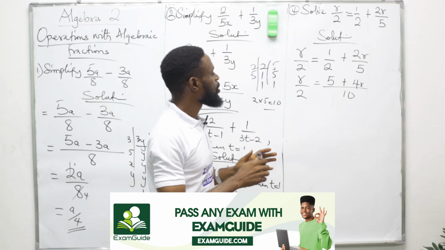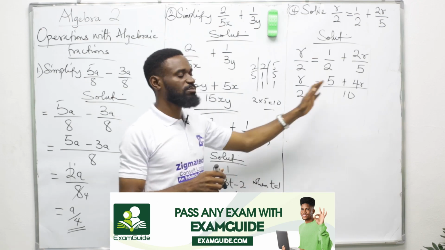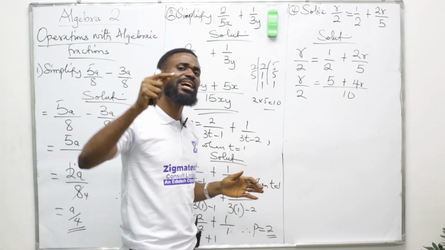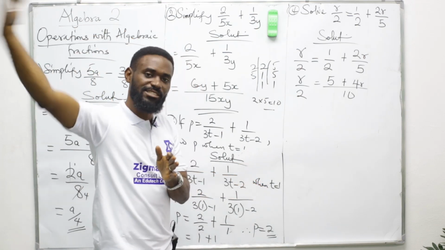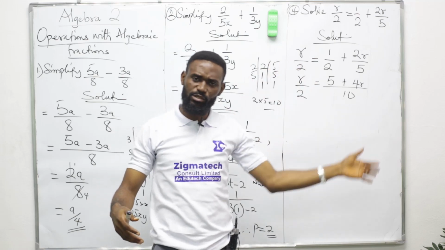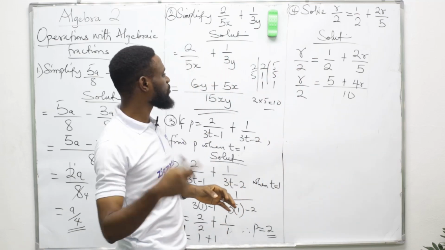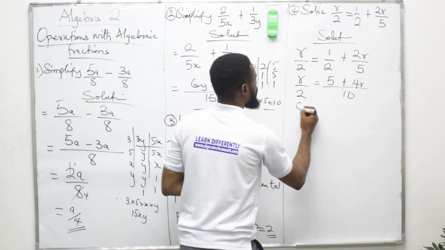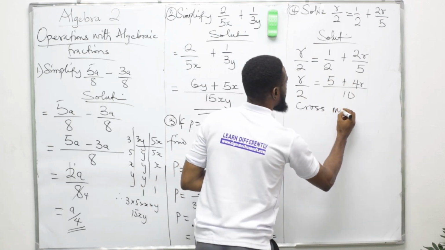Now, what we do next is to cross multiply. We only cross multiply in mathematics when we have one fraction in this part of the equation and one fraction in the other part of the equation. Since we have arrived at the point where we have just one fraction here and one fraction here, we can cross multiply.